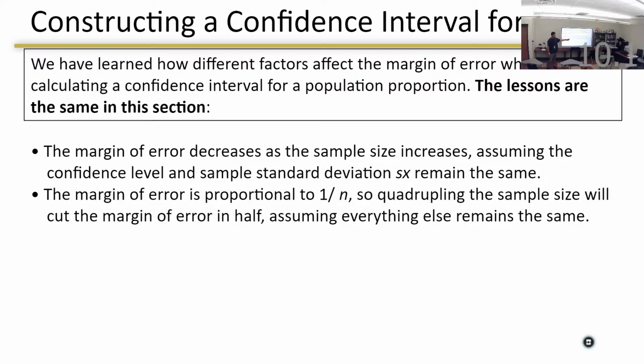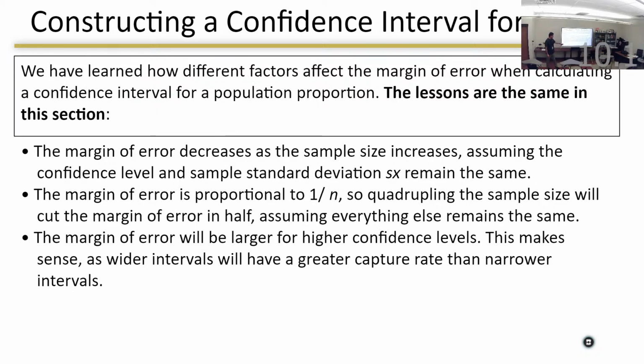The margin of error is proportional to 1 over the square root of n. It's proportional, right? So if I quadruple the size, it's going to cut my margin of error in half. That still applies. The margin of error will be larger for higher confidence levels. We already talked about that one.